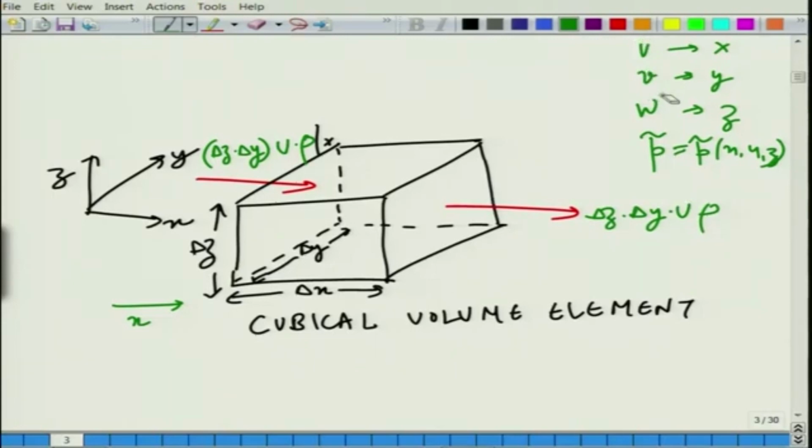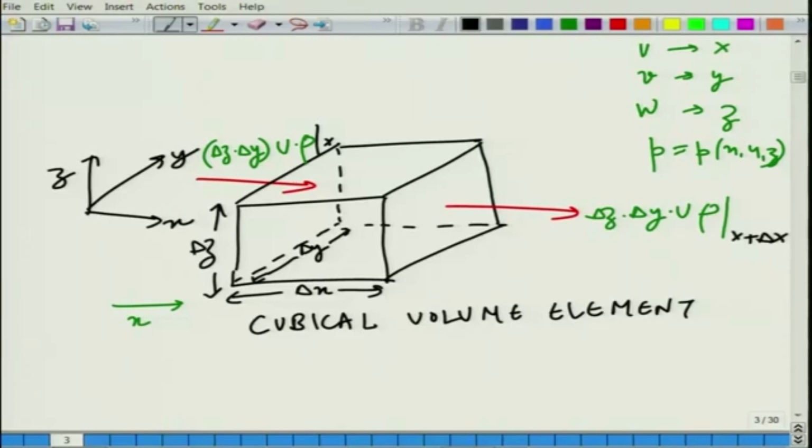This is the velocity at x plus delta x. Okay. This is the total amount of fluid that enters from the left hand side, from the delta z and delta y face, or z y face, and the amount of fluid that goes out from the opposite side is delta z into delta y into rho u at x plus delta x.